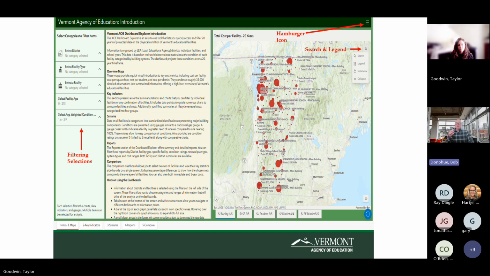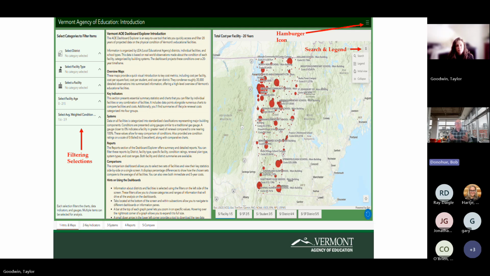And if you choose a particular facility type, say you wanted to see all the elementary schools, it would jettison the middle schools and the high schools and just take a look at the elementary schools. For that selection from the filtering side, it would then only display in the sub-tabs the dollars per facility, dollars per student, just for that selection you chose on the left filtering section.